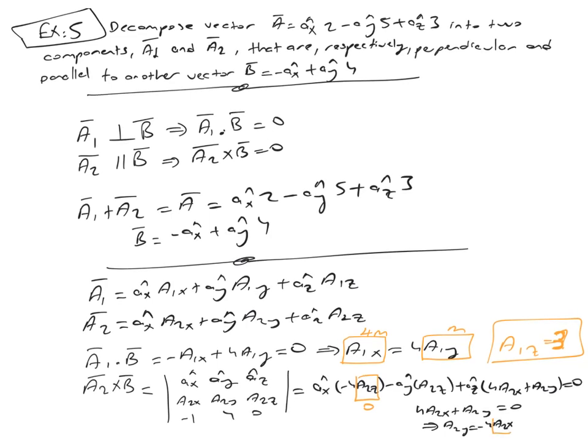If this term is equal to k, then this term is equal to minus 4k.